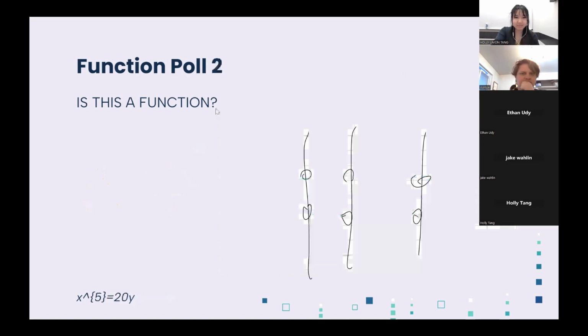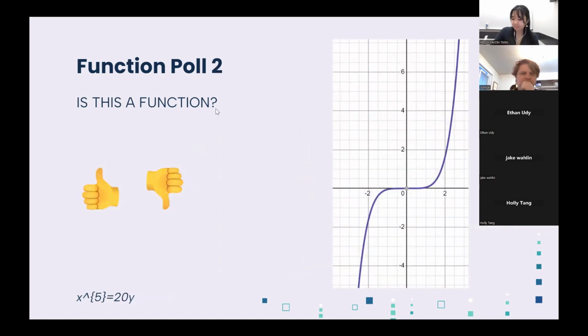Great job. And then we've got one more. Is this one a function? Yes. Also, yes. Cool. Great job. And yeah, because every single point only has one solution, every x only has one y.